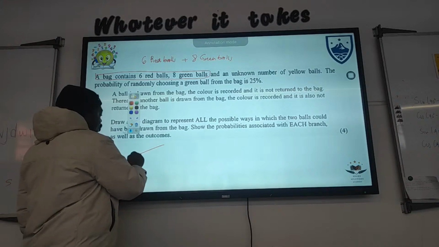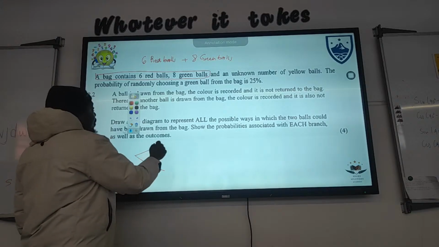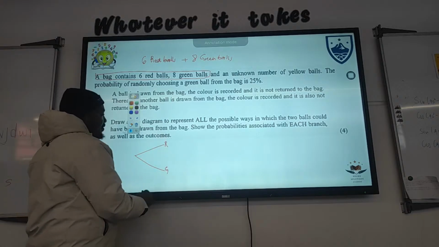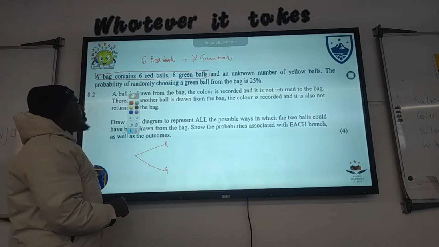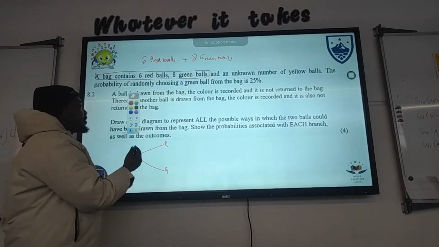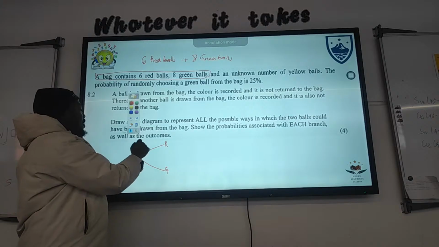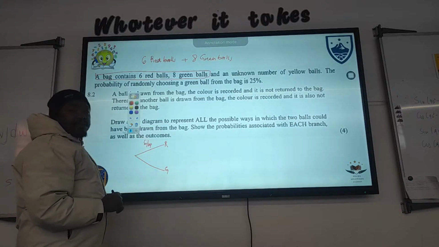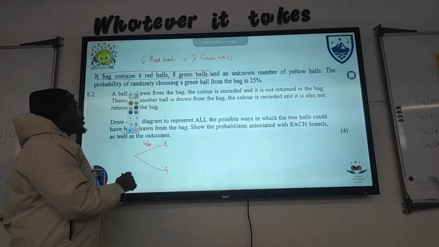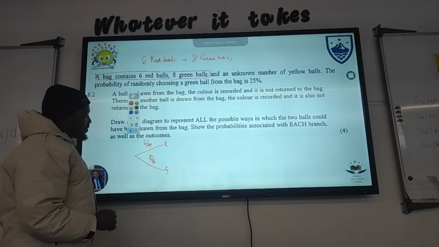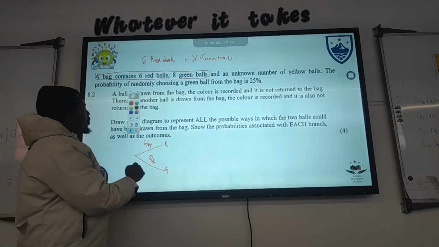My first withdrawal, from the bag I have red and then I have green. But how many balls do I have in total? There will be 14. The total number of balls will be 14 and 6 of them are red. That's my probability of getting a red ball. And the probability of me getting a green ball will be 8 over 14. This is 6/14, 8/14.